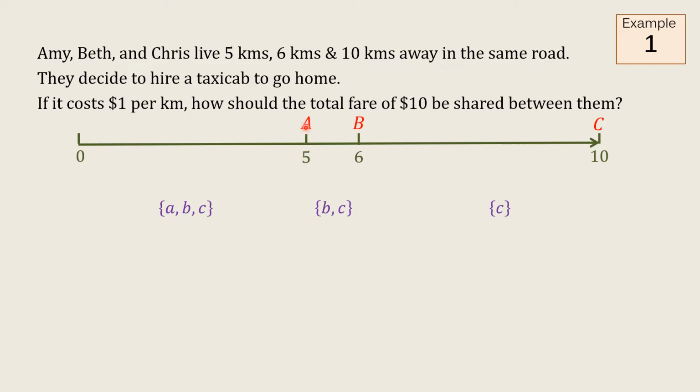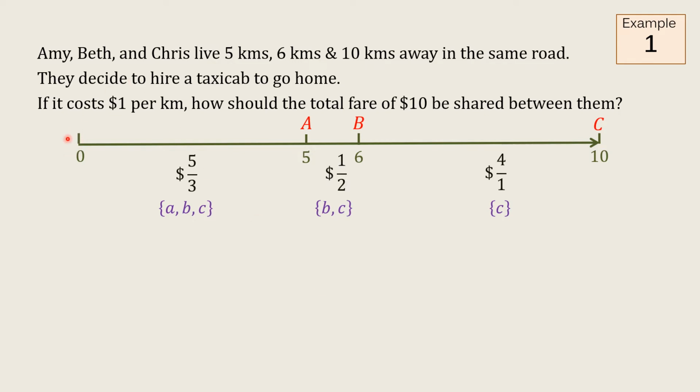At this point, this is a's house, so agent a is dropped off, and b and c share the ride until this point here where agent b is dropped off, and then c goes all the way to the final destination. And the cost is $1 per km for the shared taxi.